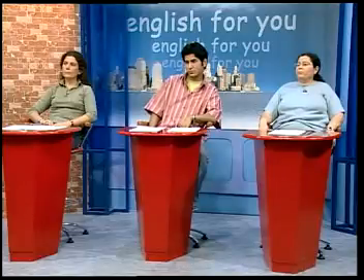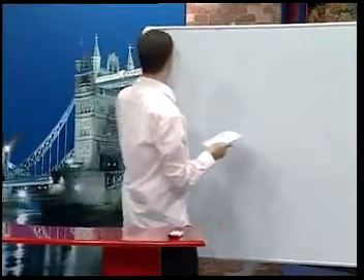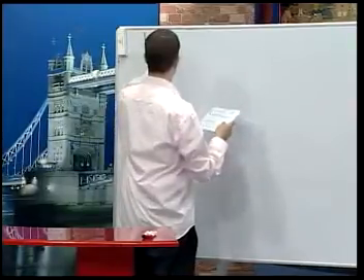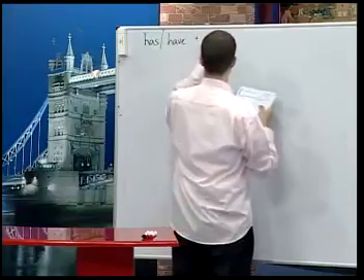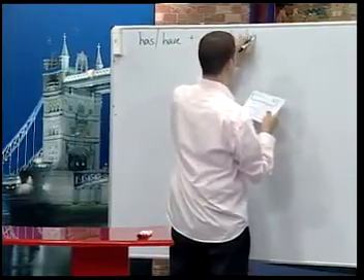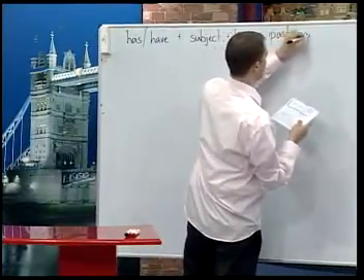So, yes-no question, using the passive voice of the present perfect, we use this formula. Has or have, plus subject, plus been, plus past participle.